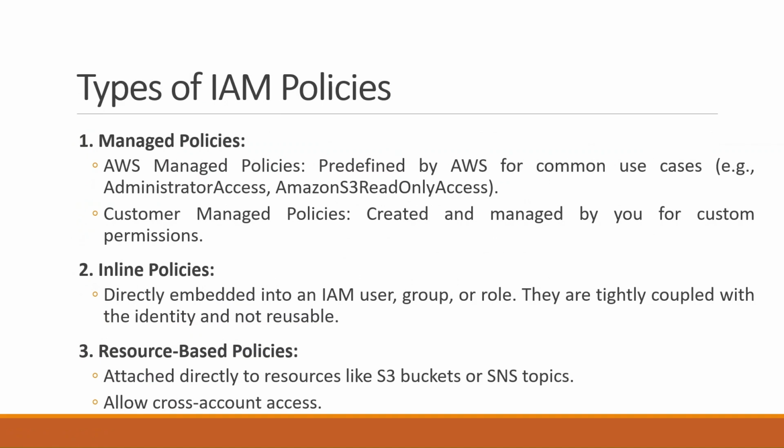Administrator access gives you full access to everything, so whatever resources are present in AWS, you can access. And Amazon S3 read-only access allows a user to only view the files from the S3 bucket. So he can only read the files. He will not be able to do other tasks like modifying or deleting.